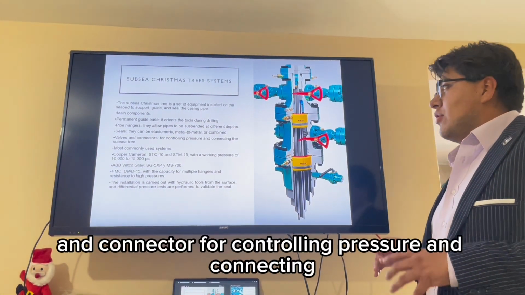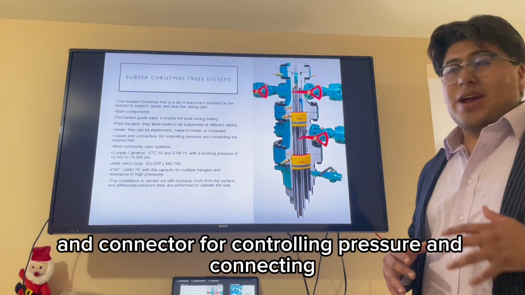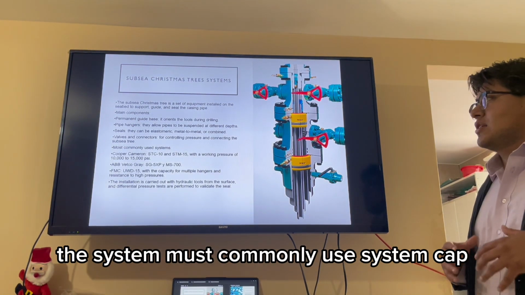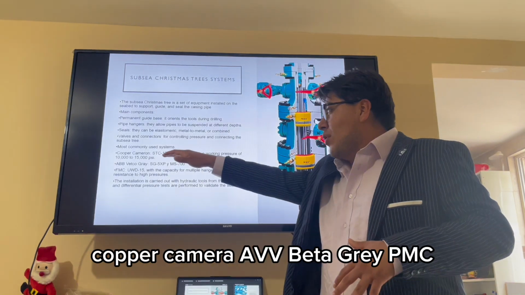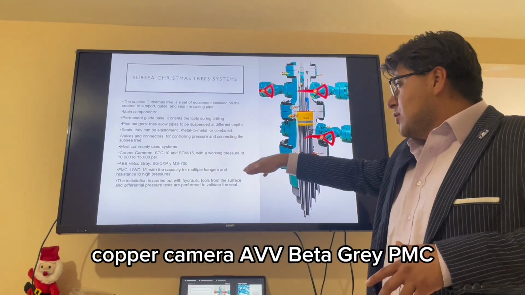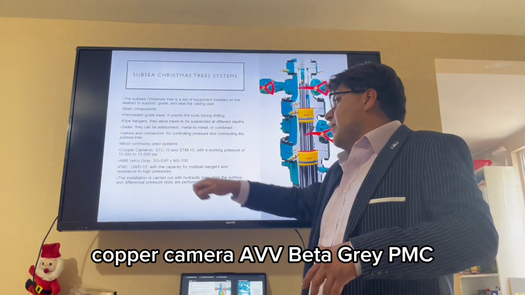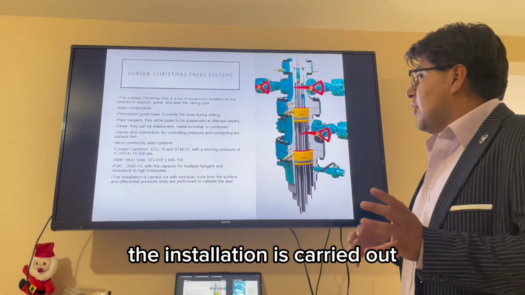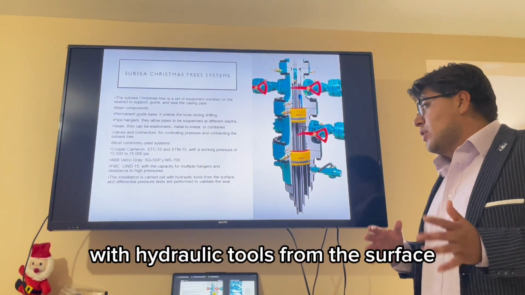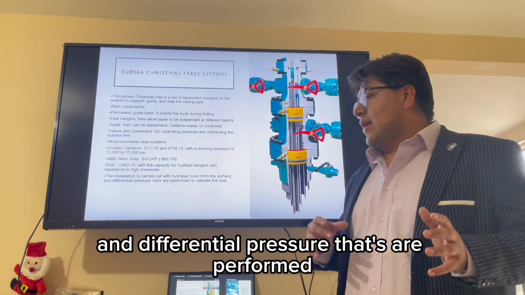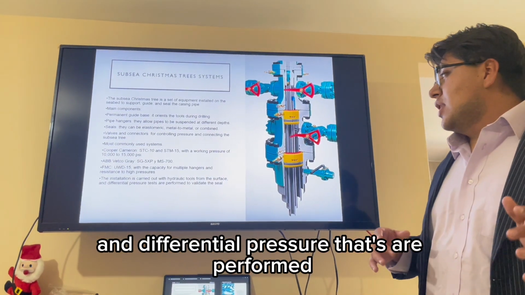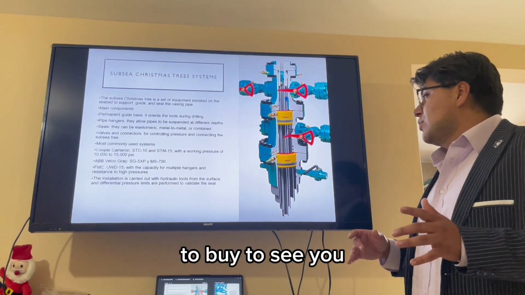Valves and connections for controlling pressure and connecting the tree. Most commonly used systems: Cooper Cameron, ABB Vetco Gray, FMC. The installation is carried out with hydraulic tools from the surface, and differential pressure tests are performed to verify the seal.